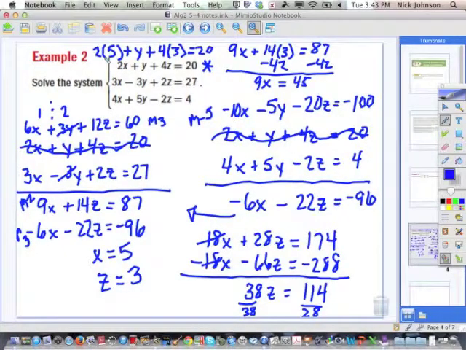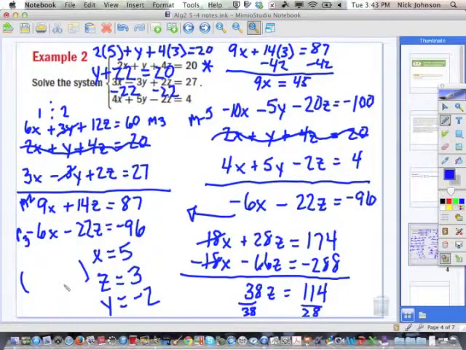So 10 plus 12 is 22. So y plus 22 has to equal 20. Well, if I subtract 22, and I'm sorry for all the mess, I get y is a negative 2.